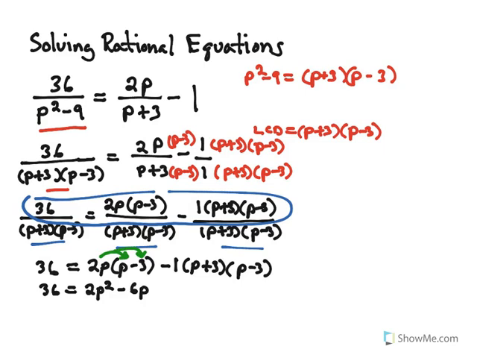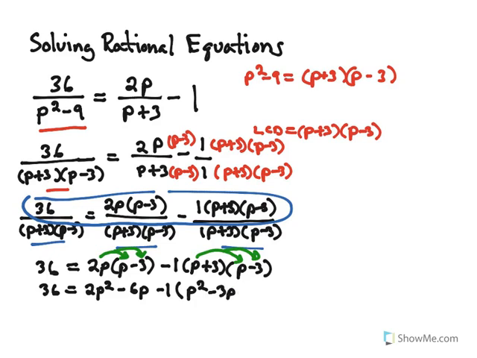You see what I did there? Now we are going to FOIL this. p times p is going to be p squared, and then p times minus 3 is minus 3p.